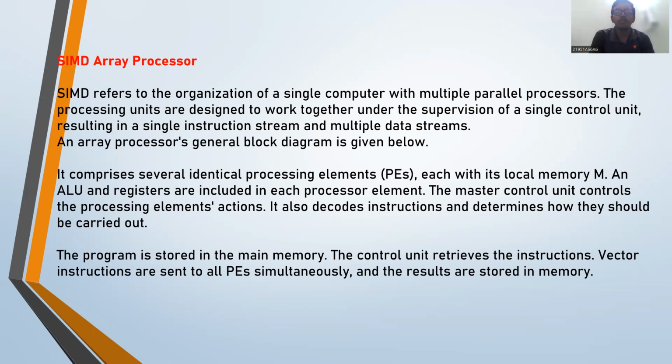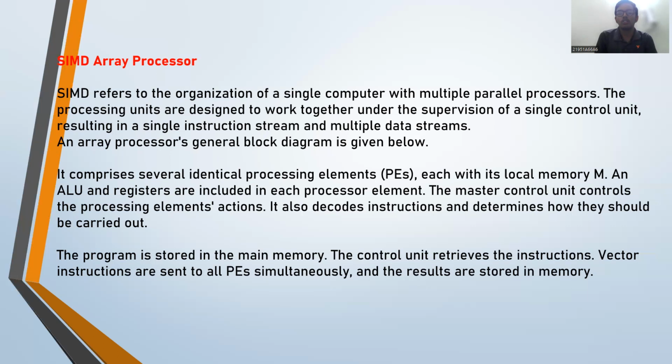It comprises several identical processing elements (PEs), each with its local memory. ALU and registers are included in the processor element. The master control unit controls the processing element's actions.